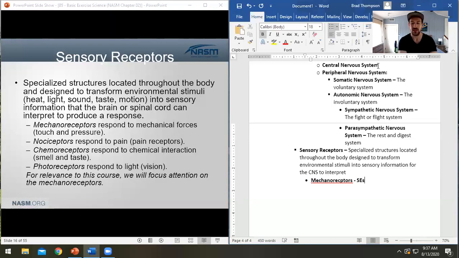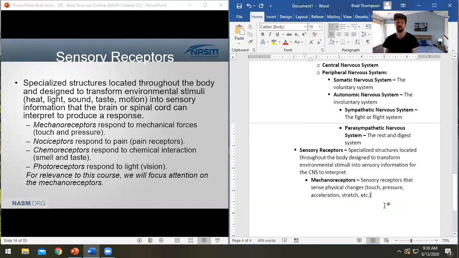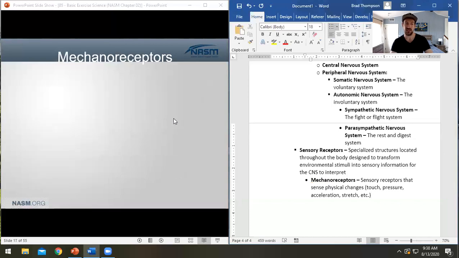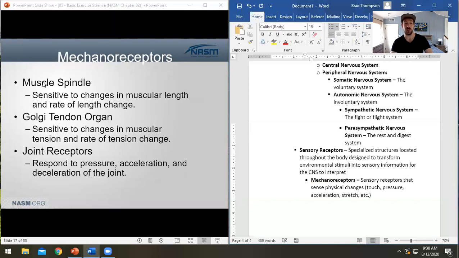So these are sensory receptors that sense physical changes, things like touch, pressure, acceleration, stretch, etc. Those are your mechanoreceptors. That's how our body develops proprioception, is these mechanoreceptors are triggered. So we're going to talk about 3 main categories of mechanoreceptors here.